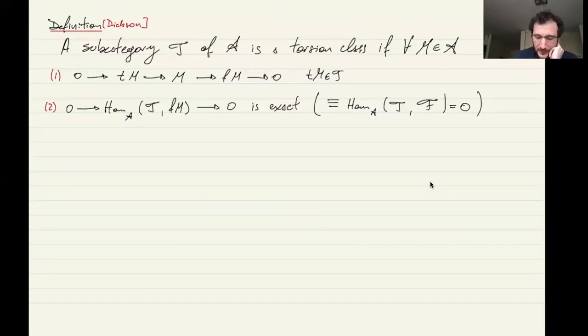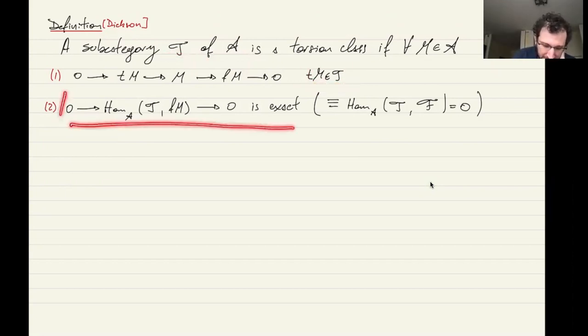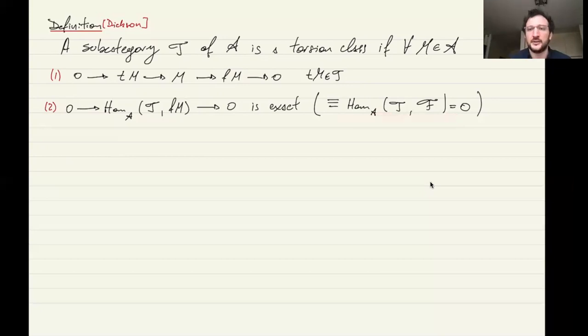A torsion class is a subcategory of an abelian category, such that for every object in the abelian category, there is a torsion subobject, an object in this subcategory T, and such that essentially there is this exact sequence in the Homs. So essentially, in the most classical definition of torsion classes, this sequence can be translated into the fact that there are no maps from the torsion class into the torsion-free class, right?